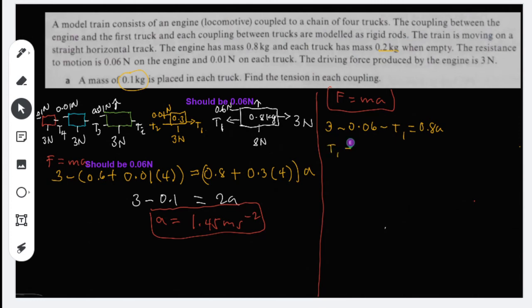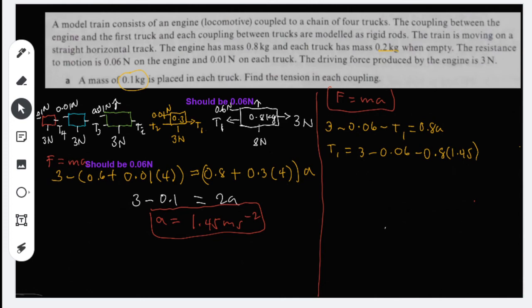is equal to 3 minus 0.06 minus 0.8 times 1.45. Okay, that is the given. So you can pause the video, guys, to compute.